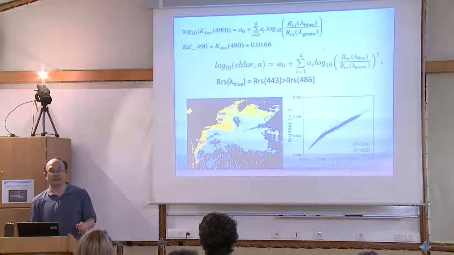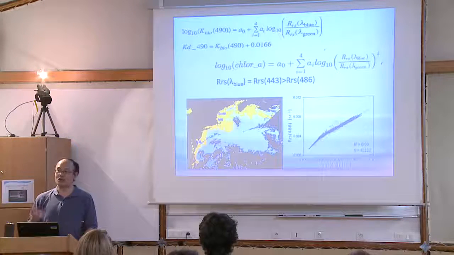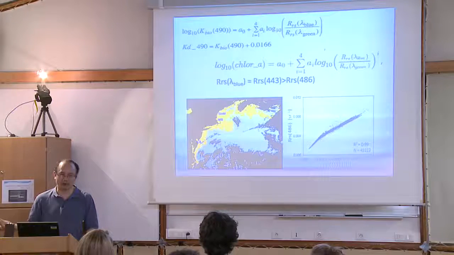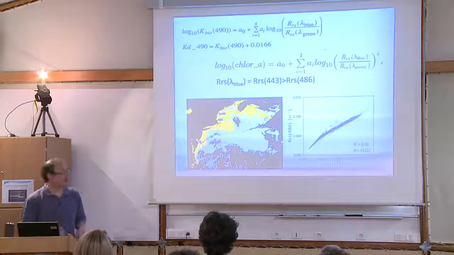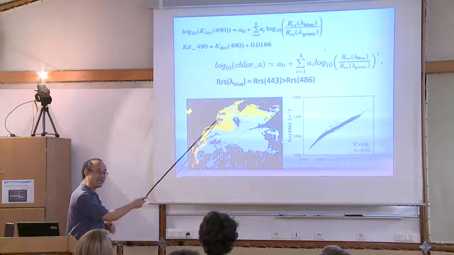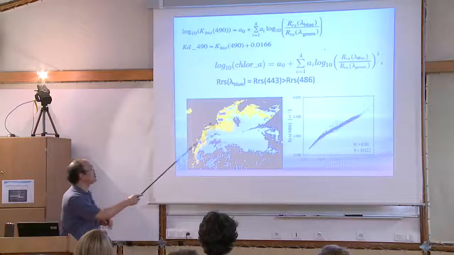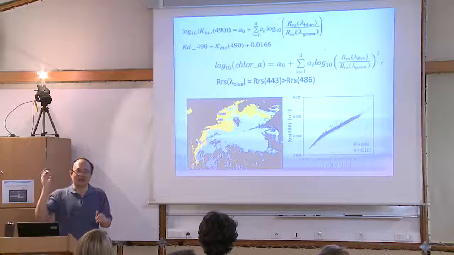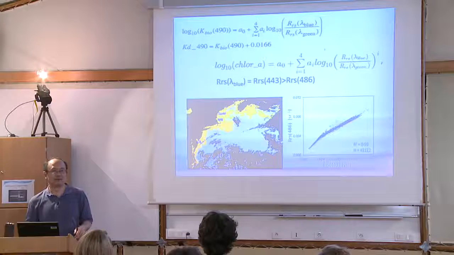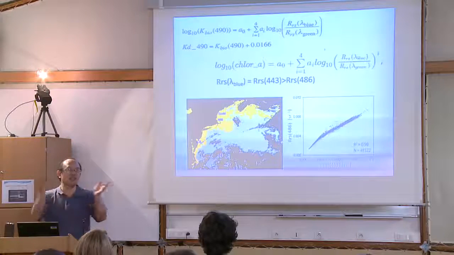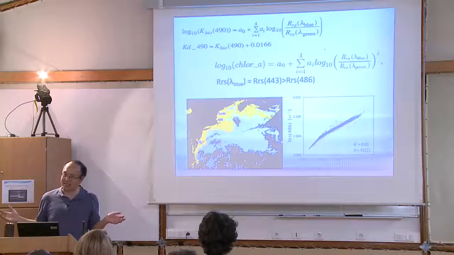Coastal water generally indicates that optical properties do not covary well with chlorophyll. But here, when you use the same ratio to derive chlorophyll and KD, that means the two products are completely covariant. So that means these two products, at least in the spatial distribution, are exactly the same.